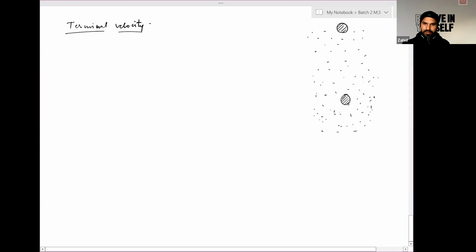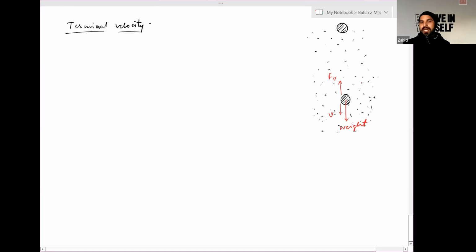Suppose it is moving along this direction at some velocity v. So viscous force must be acting opposite to it, let's say along this direction. Since it is moving under the effect of gravity, there will be a force acting in the downward direction due to its weight.